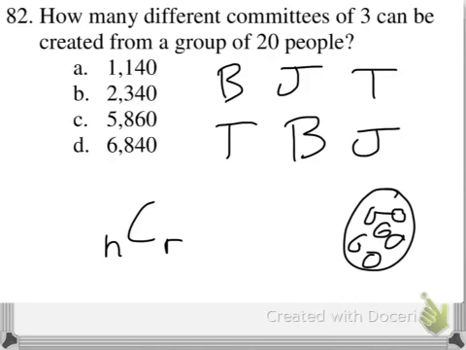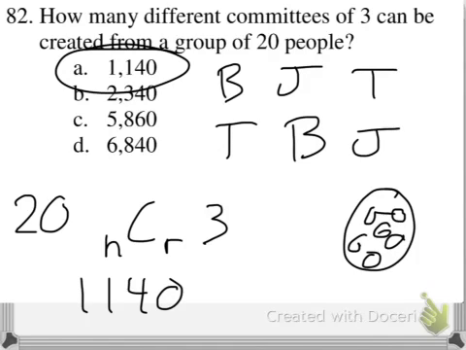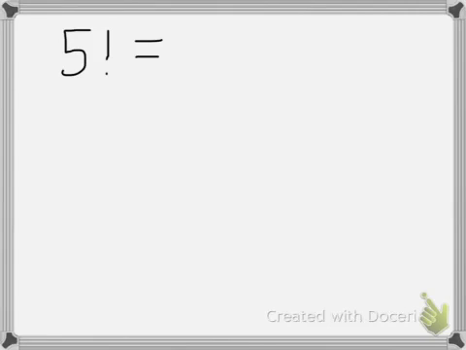You put the bigger number first, 20 people, and then we have 3 possible outcomes, so they're being chosen for 3. So we type in 20, go math, over to probability, down to nCr, 3, enter. That gives us 1140, which is the answer. Okay, let's move on to the next one.